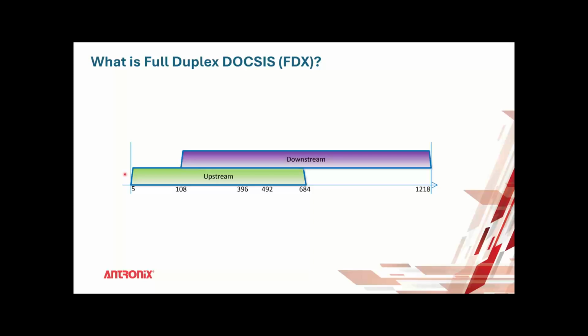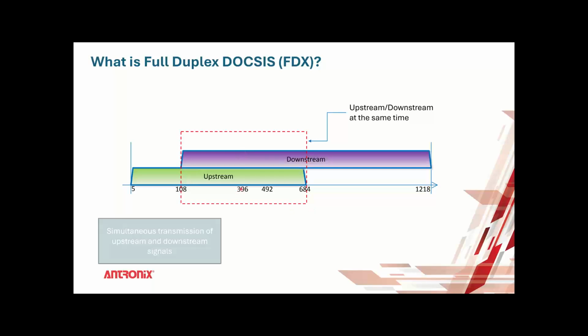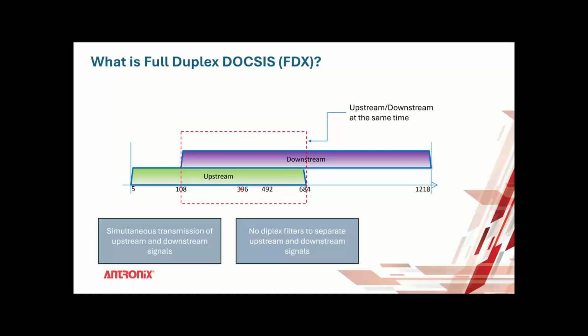So how does full duplex DOCSIS, FDX, work? You have upstream and downstream together, and as you can see in the 108 to 684 megahertz band, you have upstream and downstream transmission at the same frequency. This does require simultaneous upstream and downstream. There are no diplex filters, so there's no crossover band to separate the upstream and downstream bands.